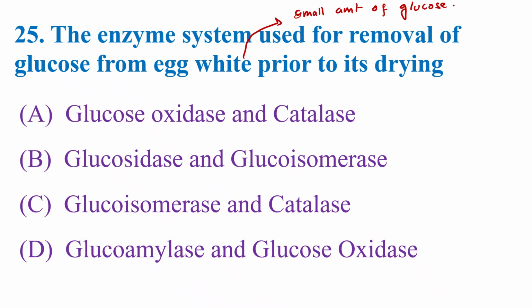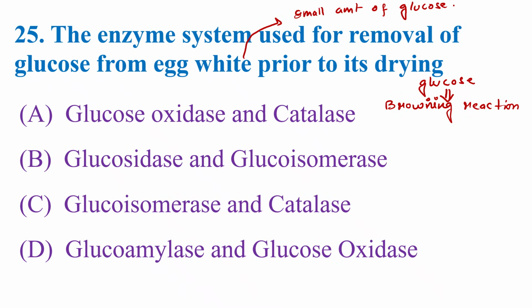Now if this glucose is not removed, what will happen? It will lead to the browning reaction, that is the Maillard reaction, during storage or the drying process.